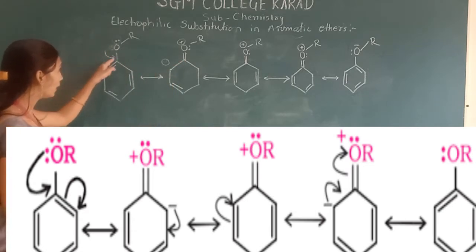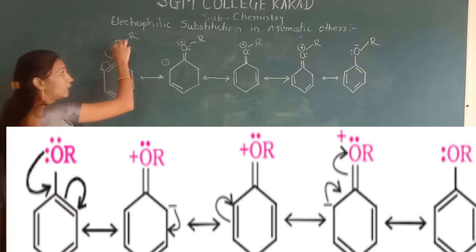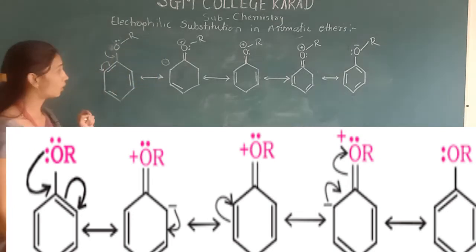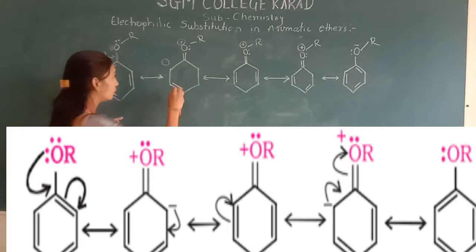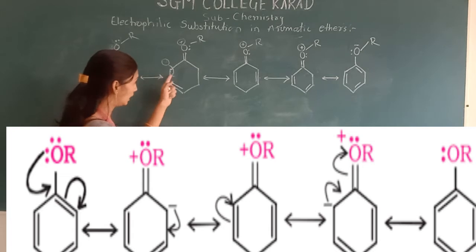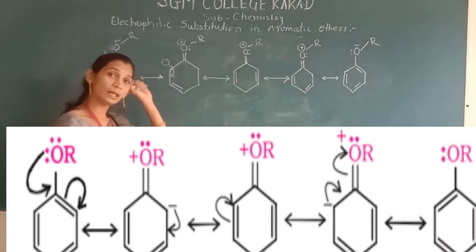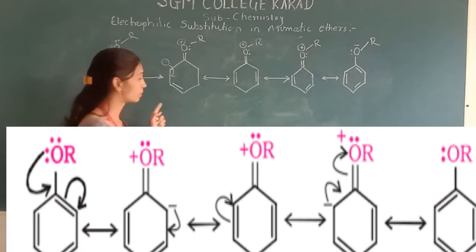That lone pair goes out, so the positive charge increases on the oxygen. In the next step, this electron goes towards this and forms a double bond. All these you have studied in resonance structures.